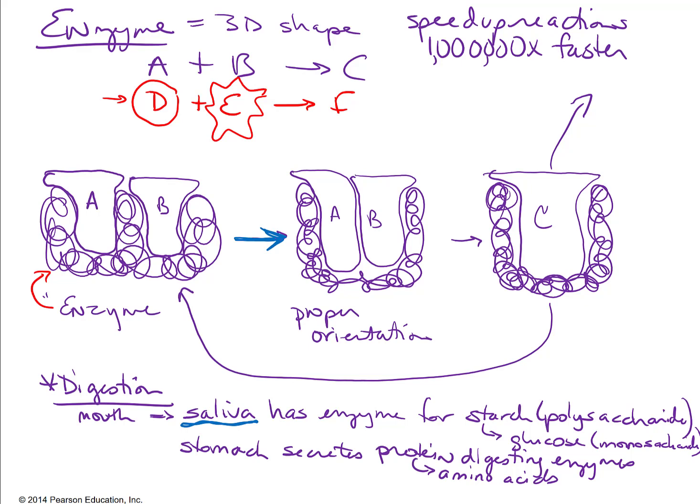And the thing that's amazing about enzymes, especially the body enzymes, is that once the product is released, the enzyme goes back to its position, and it can do it again, and again, and again. So you don't have to have one enzyme for one reaction. One enzyme can speed up the same reaction over and over again until it wears out.